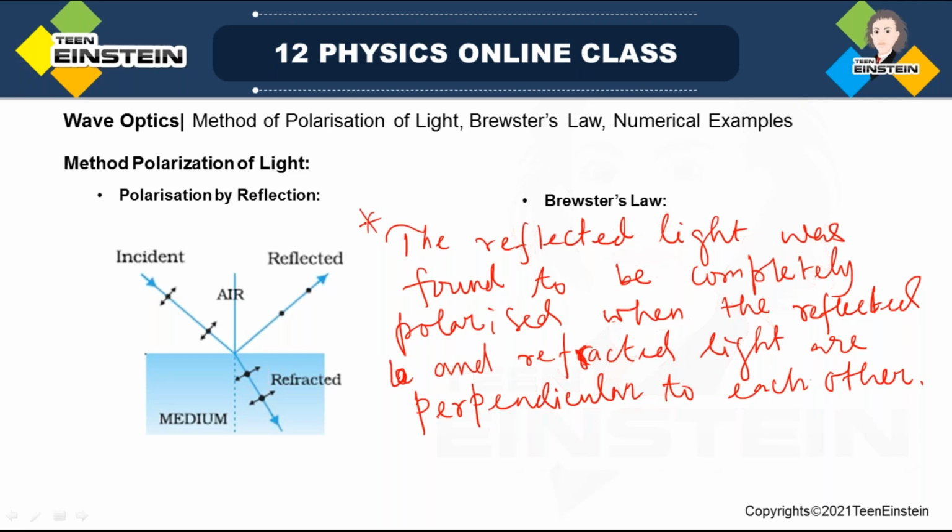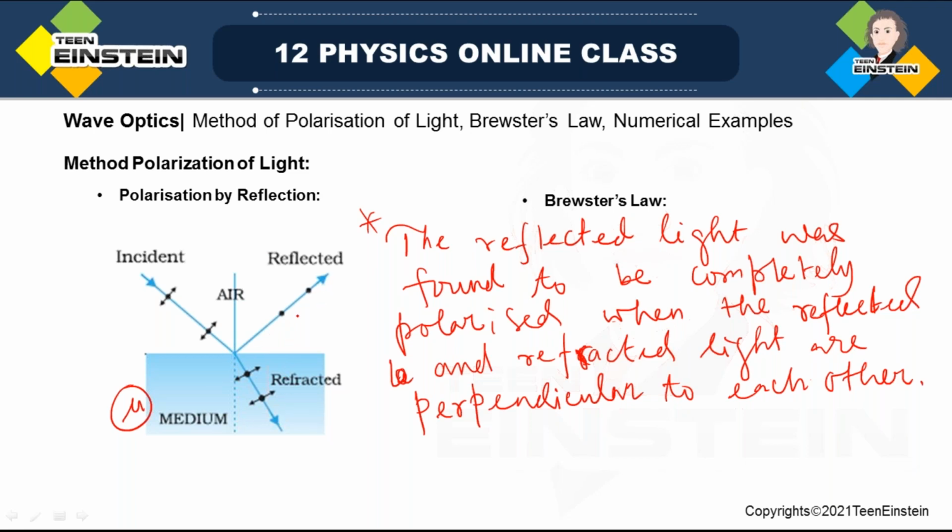Look, what does this mean? Physicist Malus had observed that if light is incident on a transparent medium, suppose this medium has refractive index mu, then some part of the light will be refracted, that we know, and some part will be reflected.